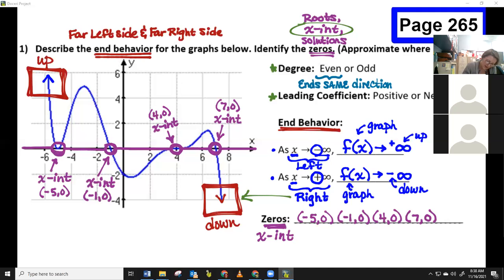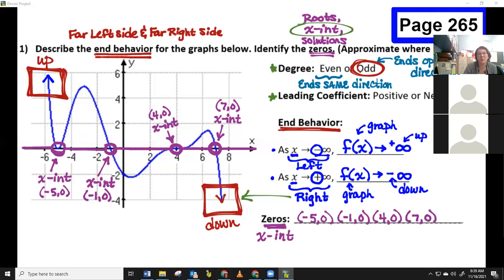And it is odd if my ends point in opposite directions. Opposite, yes. So this one would be even or odd? Odd. Yes. Left end's going up, right end's going down. So this would be an odd function.